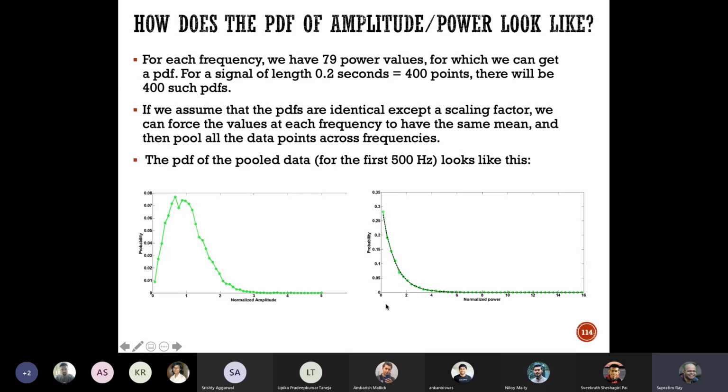This is very surprising. If you think about this, let's think about power. Suppose the mean power is 1, and let's say this is the power at gamma frequencies. So the gamma power is 1 on average, 1 microvolt squared, some unit per hertz.